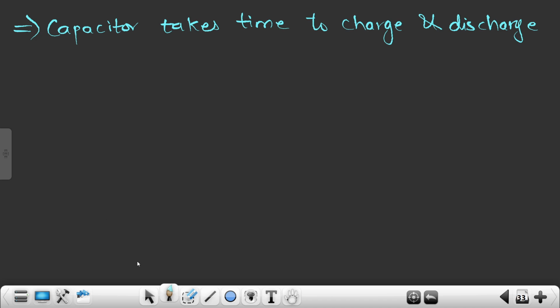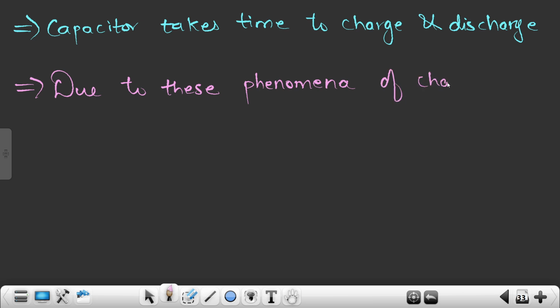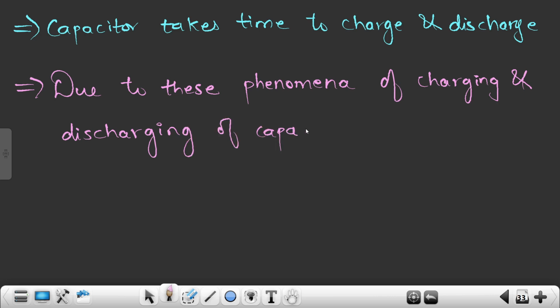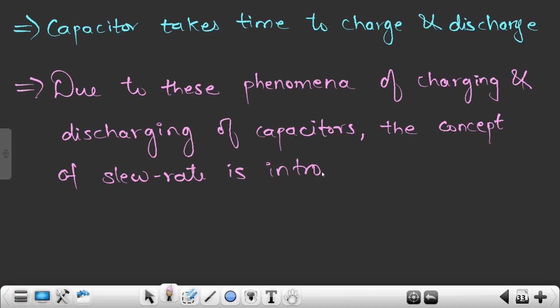And due to this phenomenon of charging and discharging of the capacitor, the concept of slew rate is introduced in an op-amp. I hope you are able to understand this point. Again, we will quickly revise the concept of slew rate.